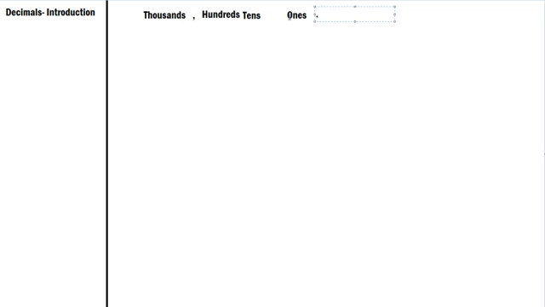I'm going to put this as a dot. I want to do it small enough, and then I'm going to fill it in.